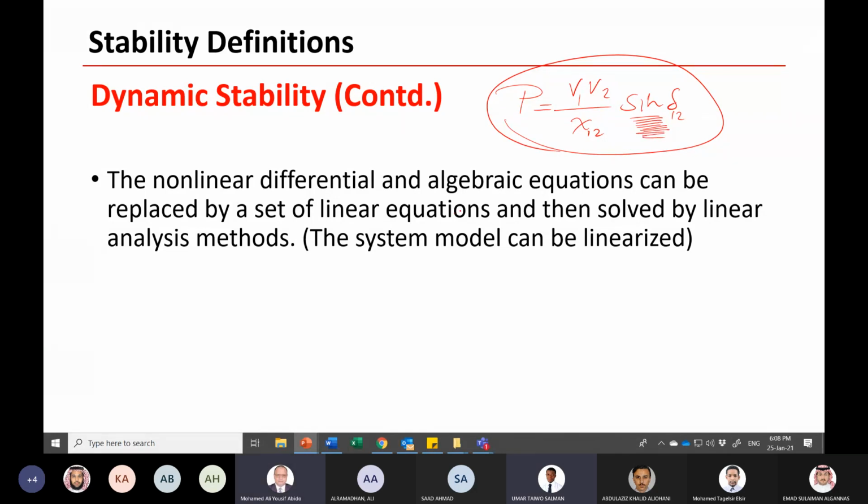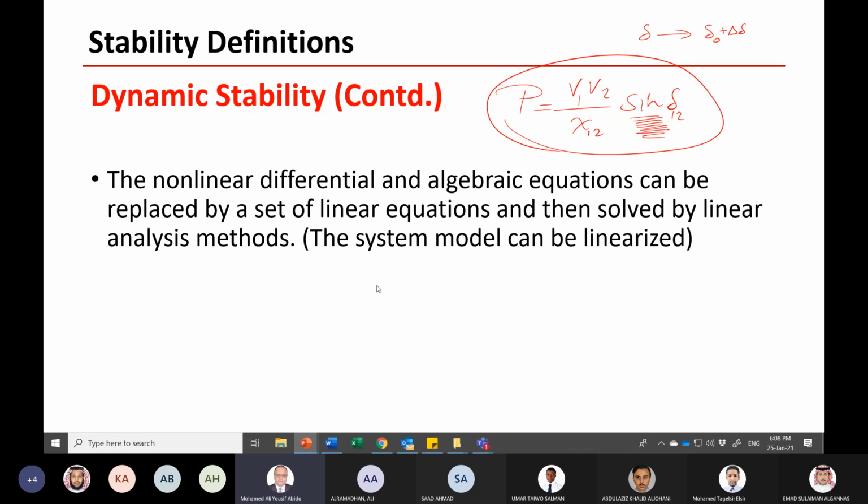Okay, so this equation is nonlinear, and if you are talking about small disturbance, you can linearize it. You can assume that this delta is changing to delta 0 plus delta delta, and you can start expanding and do some approximation and so on. So you can linearize the equations here in dynamic stability.